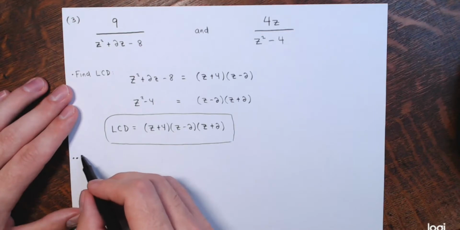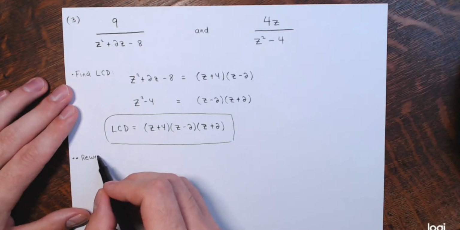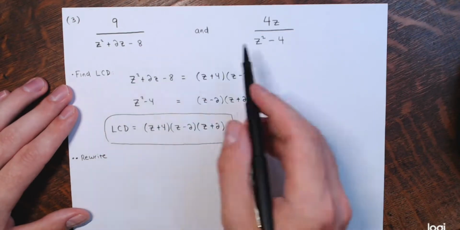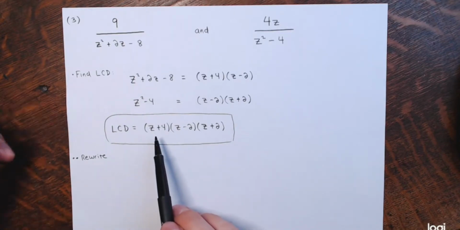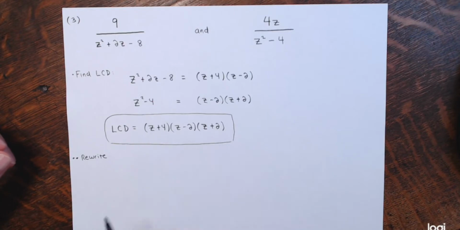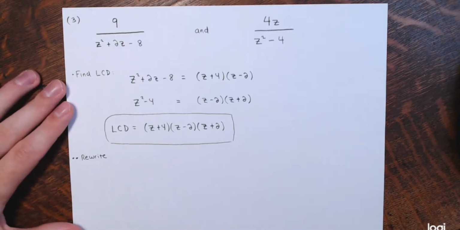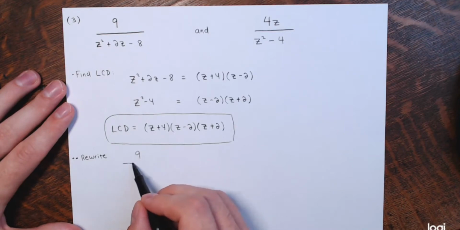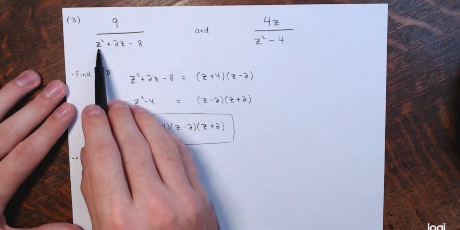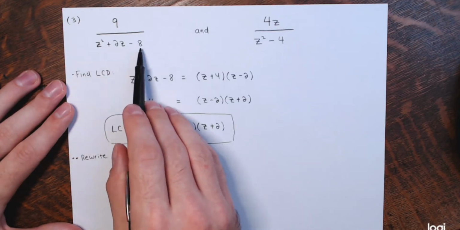Alright, now the second part is to rewrite the fractions that we were given so that we get an equivalent fraction with this LCD as the denominator. Alright, so the first fraction is 9 over z squared plus 2z minus 8.